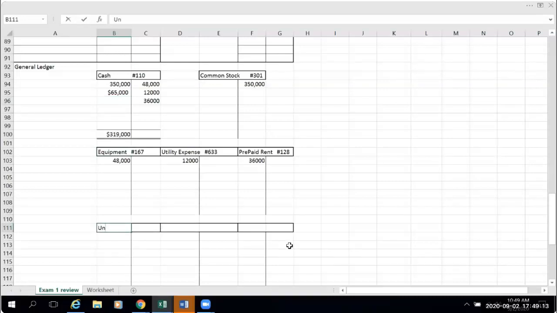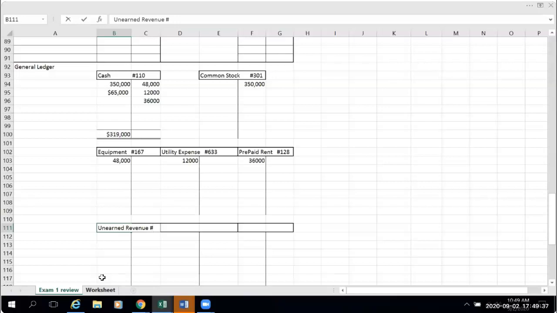Unearned revenue. The other name for it, you can call it deferred revenue. That means you deferred the recognition of revenue. Unearned revenue, it's a liability. So I'm thinking, what is the account number?